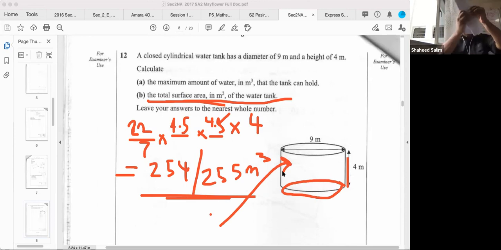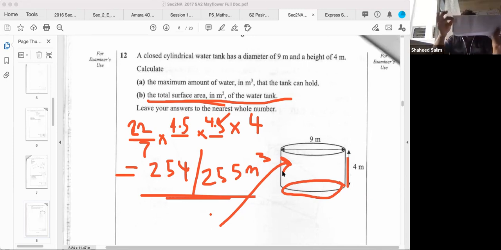Imagine you roll up a cylinder. You want to find the curved surface.